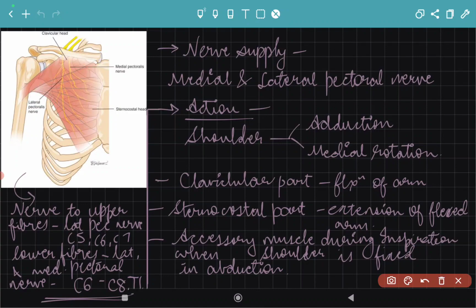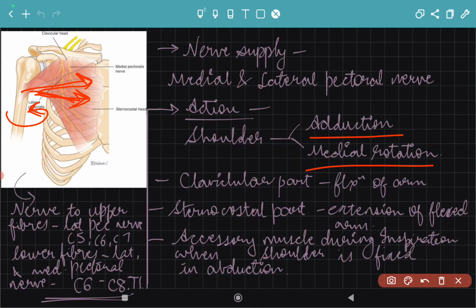It will cause adduction of the shoulder joint as well as medial rotation of the shoulder joint, as the line of action of the muscle is this way. When the muscle pulls this way, both the heads will cause adduction as well as medial rotation of the shoulder joint.